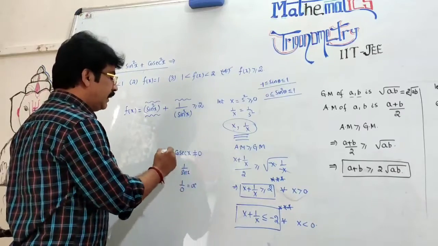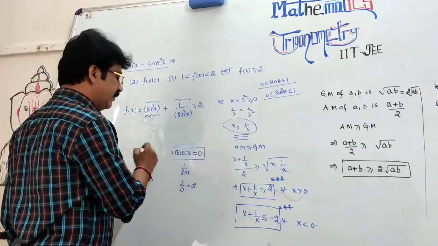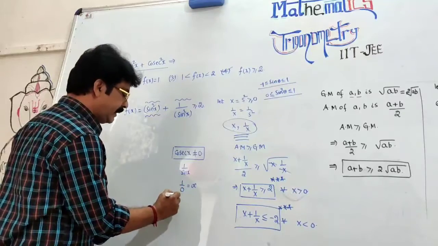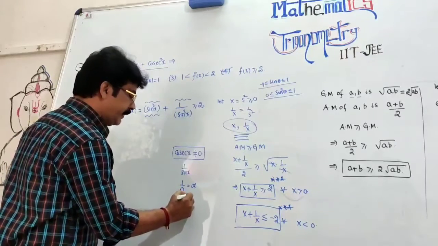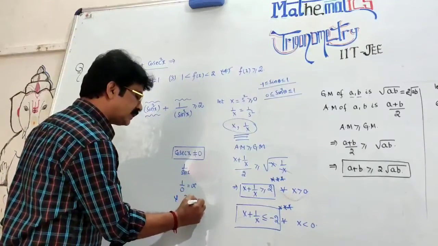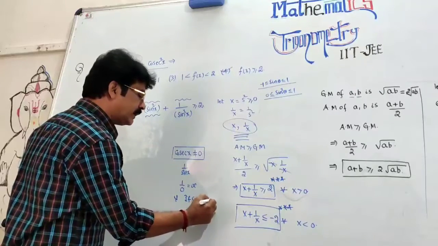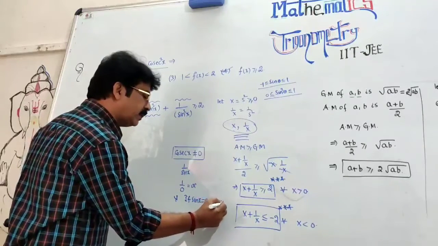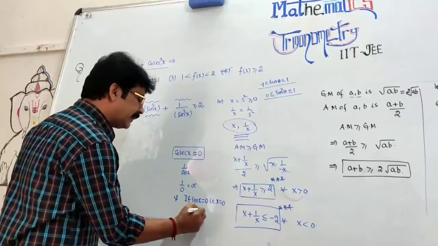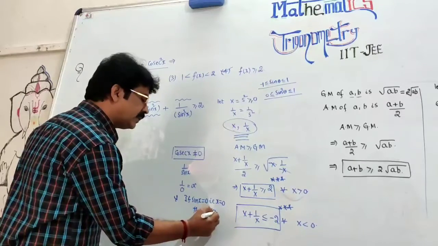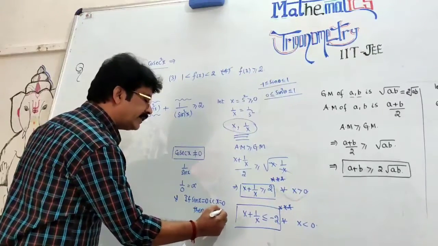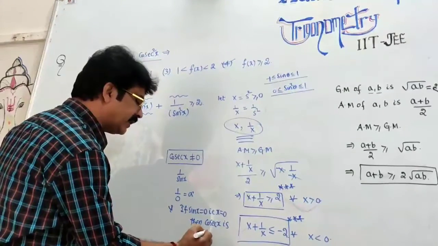So if sin x is equal to 0, then cosecant x is not defined.